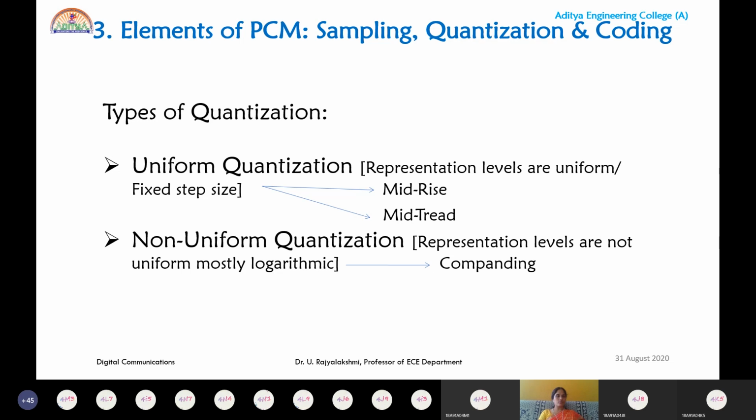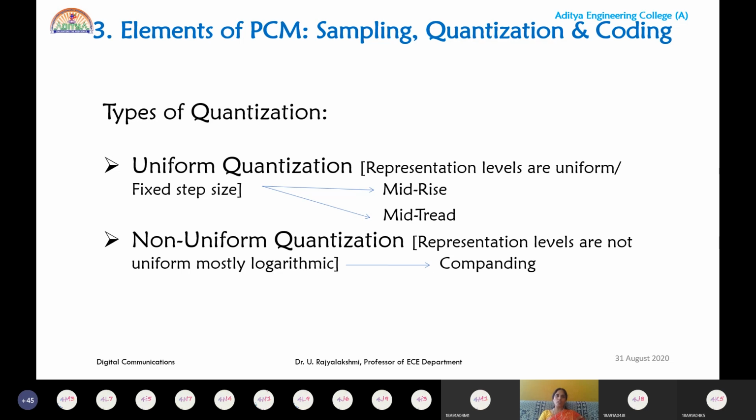Now, this is about the type classification of quantization. What is uniform quantization? Here the step size is uniform or fixed for all the representation levels. In non-uniform quantization, the step size is not a fixed value for all the representation levels.